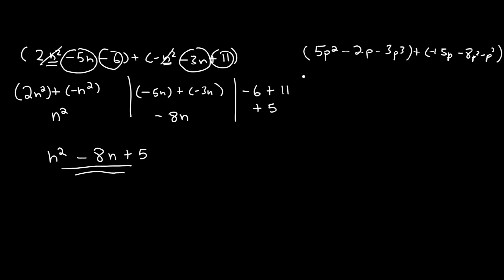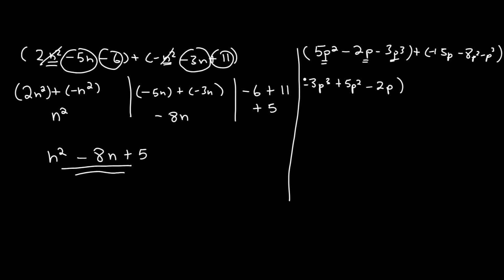Right, so let's look at the first polynomial. The degrees are here, and it looks like we need to rearrange this one over here. So let's rearrange it from highest to lowest, and that's negative 3p cubed plus 5p squared minus 2p.